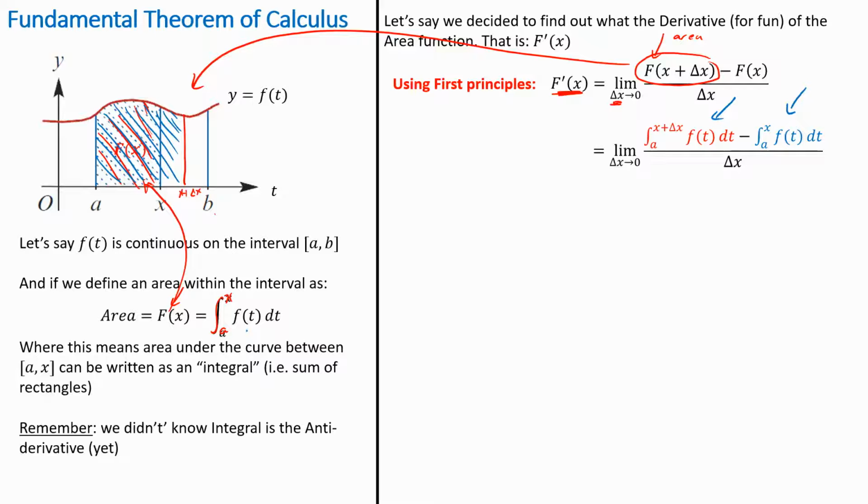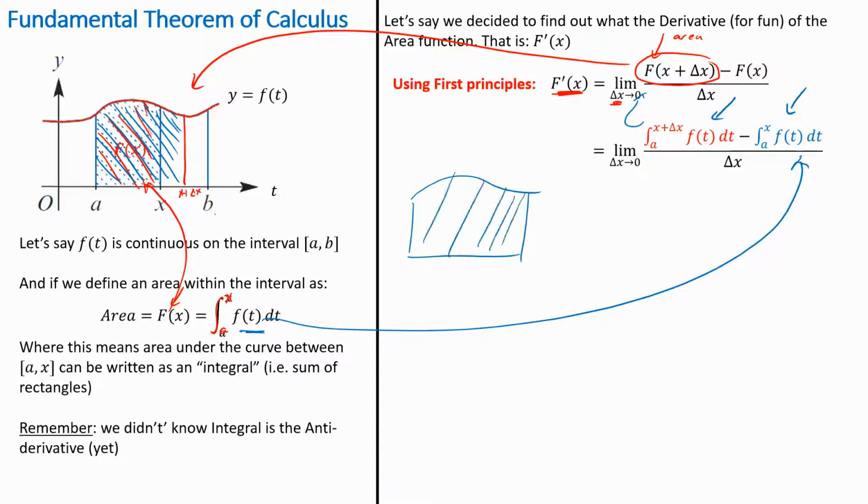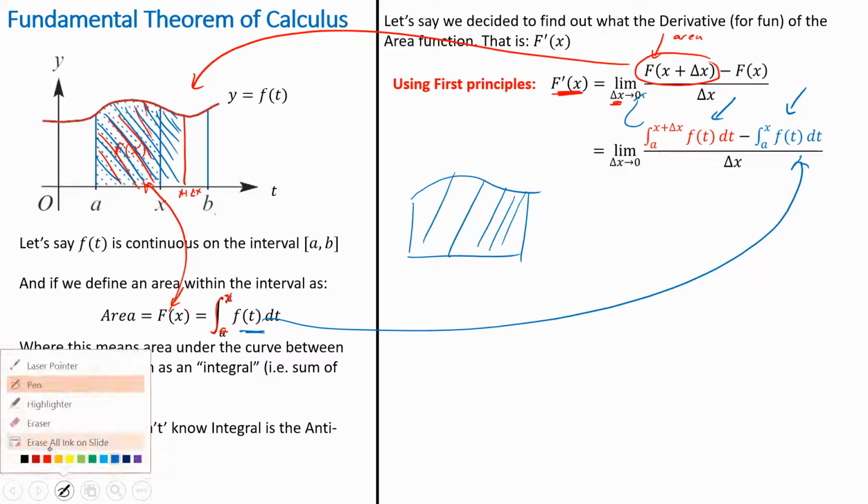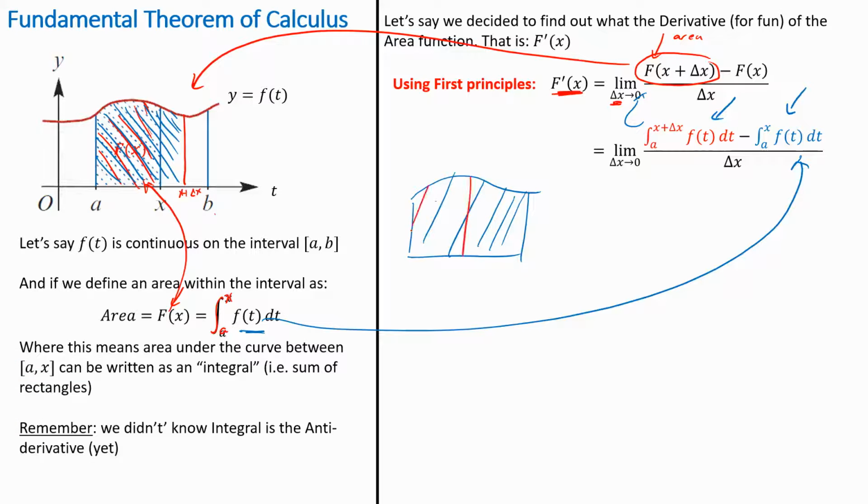Because by definition before, this is f of x. So f of x goes here. Visually, I'm just saying, take this blue region and minus f of x, which is the red region.